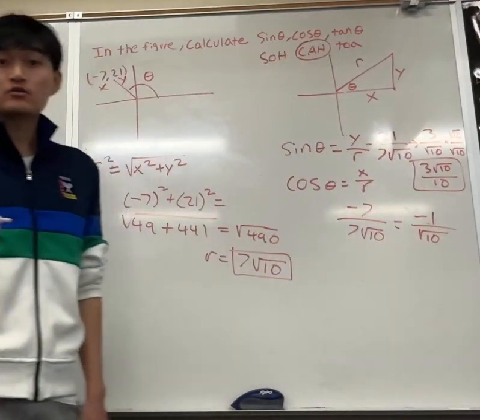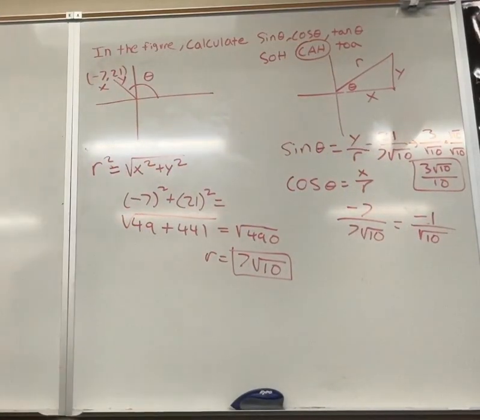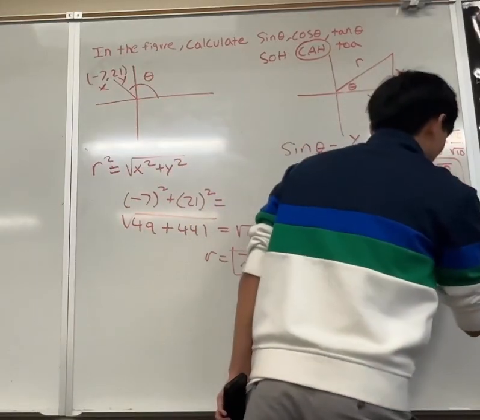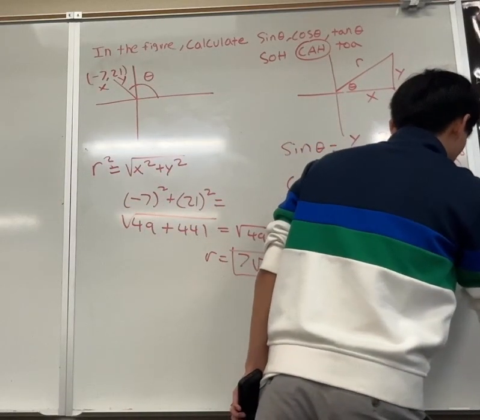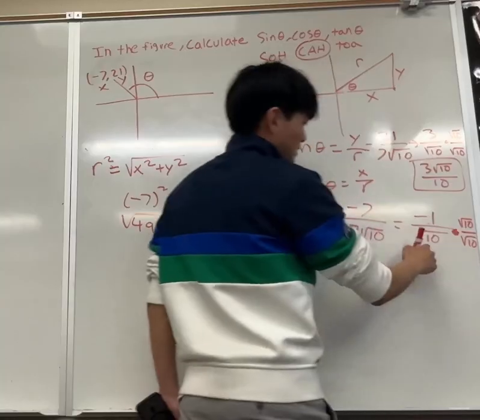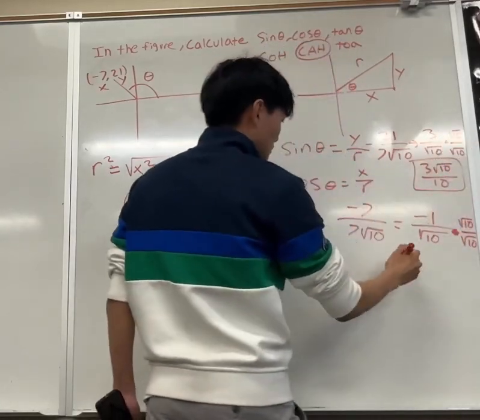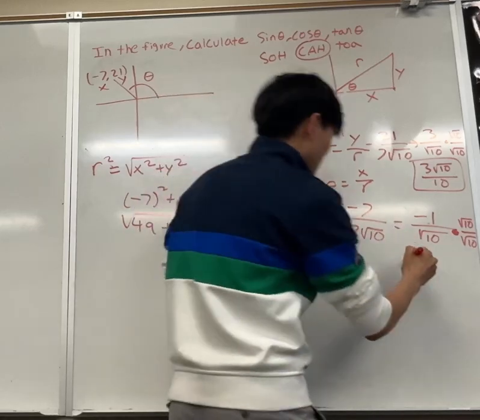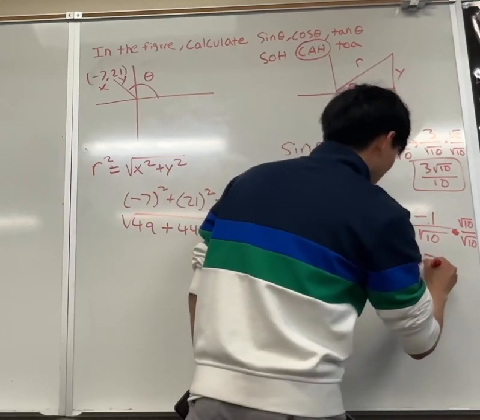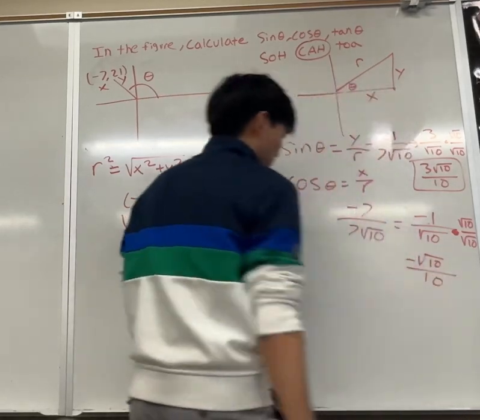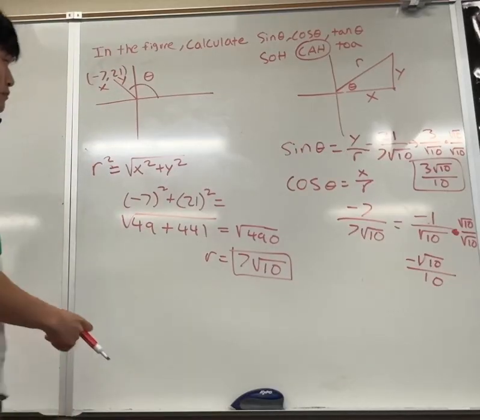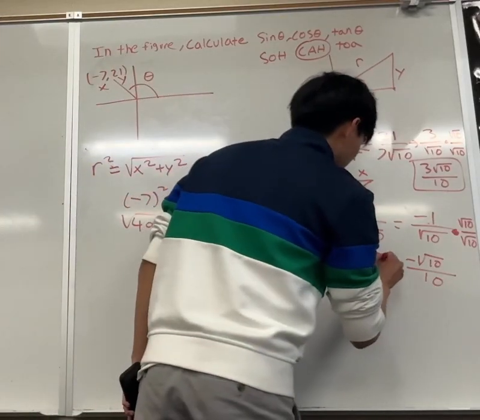I can't have radicals at the bottom, so how do I get rid of it? I multiply numerator and denominator by rad 10. Rad 10 times rad 10, we did it over here, it's rad 100, and rad 100 is just 10, so negative rad 10 over 10. That is my cosine theta.